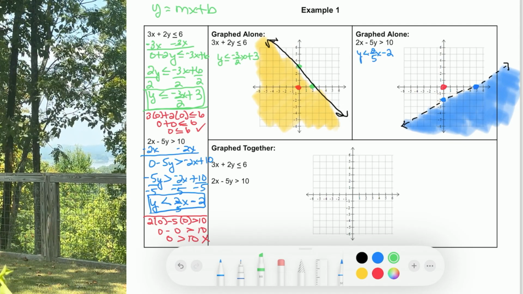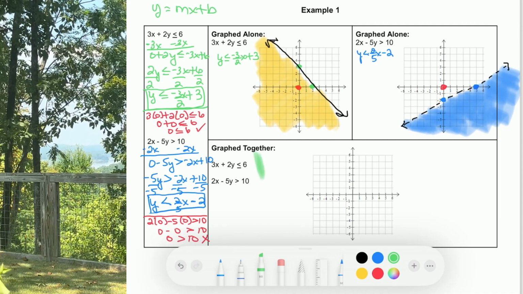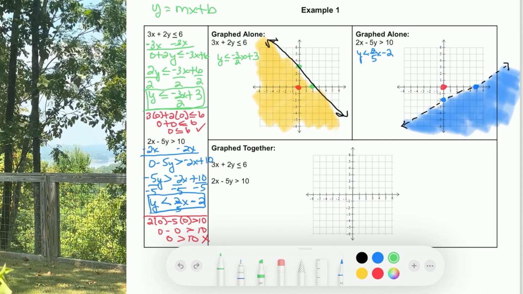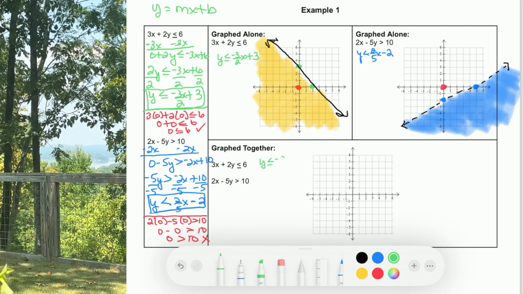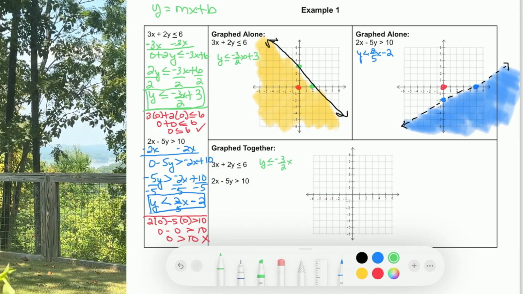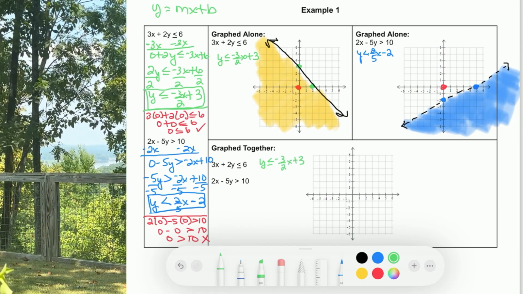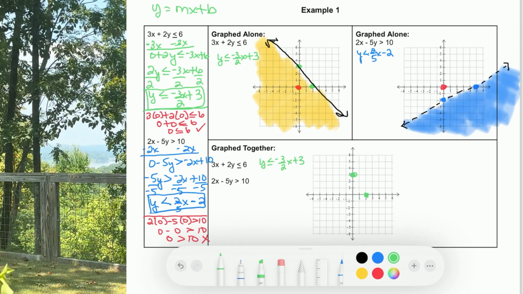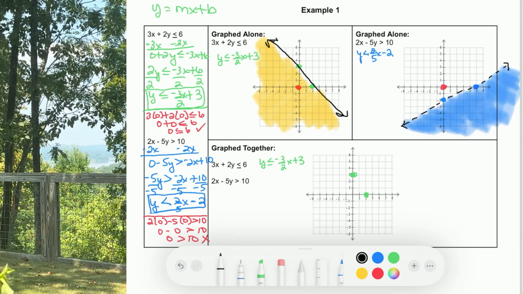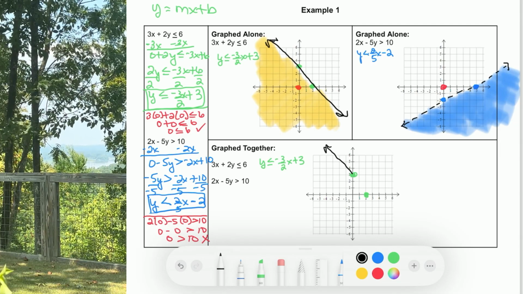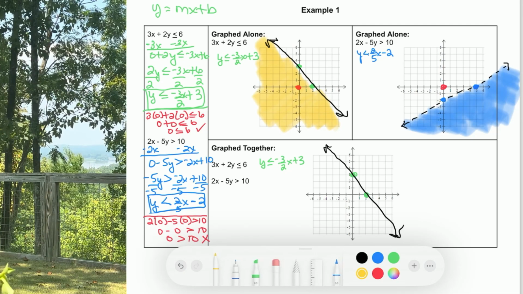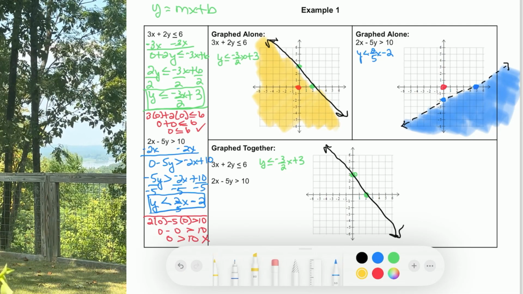So again, my top one was y is less than or equal to negative 3 halves x plus 3. So I'm going to go ahead and plot that again. We already know that these are our locations, and we know that it was a solid line. We also know that our shading was on this side.